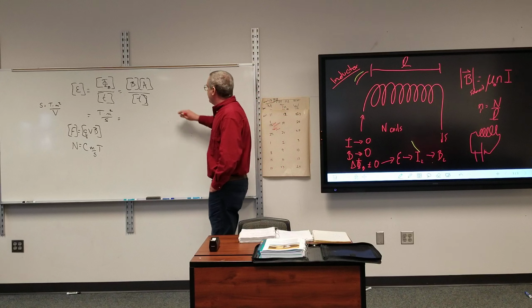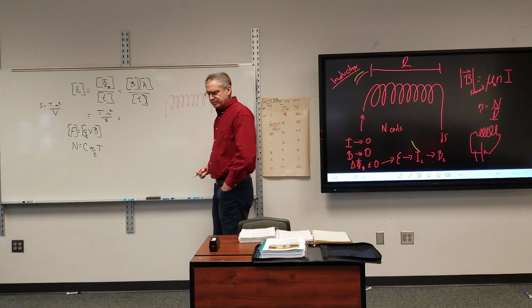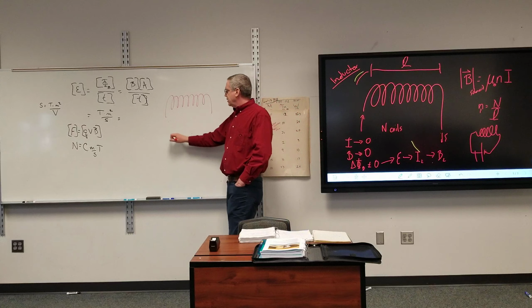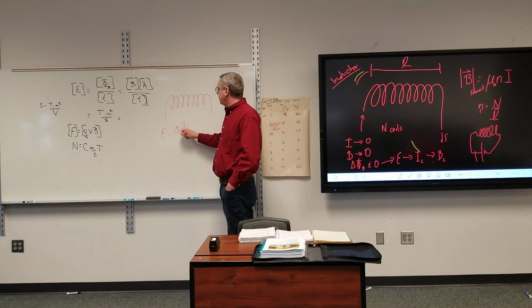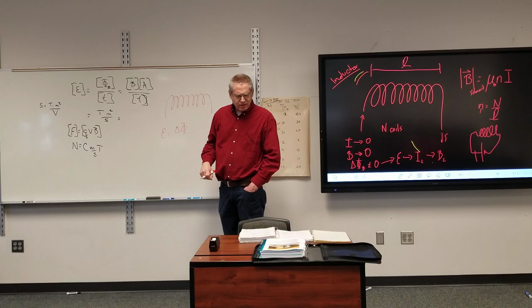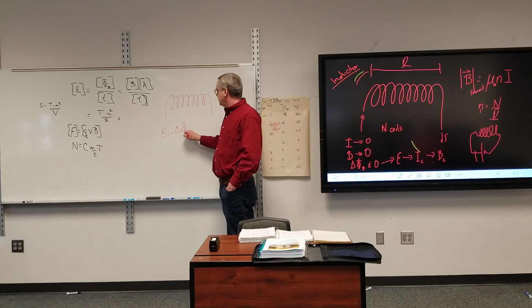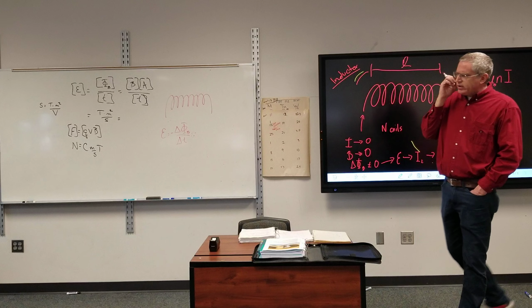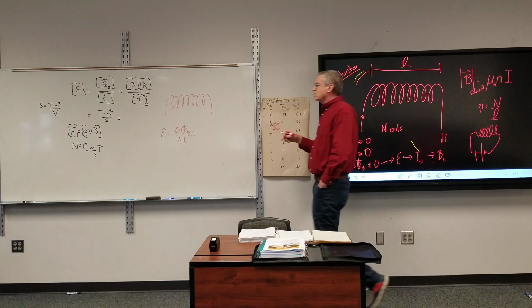All right, so if I have my coil, my EMF is equal to the change in the magnetic flux, and yes, I kept the negative in there. What I want to look at here is that's the total change in the magnetic flux.